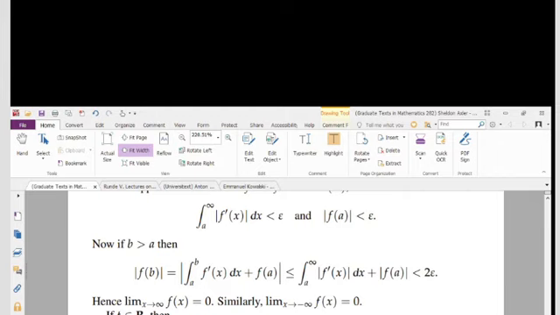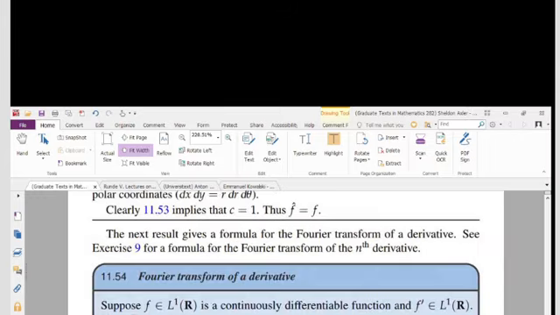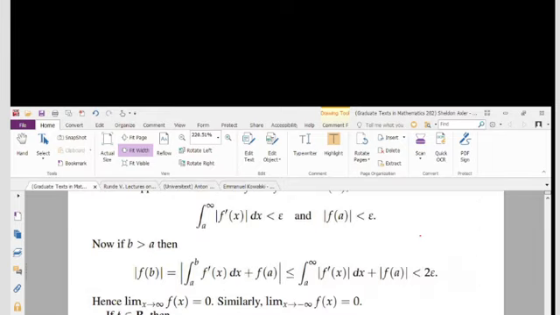And similarly, we can prove that the limit of f of x when x tends to minus infinity equal to 0. So it is important to prove that these two limits are equal to 0.